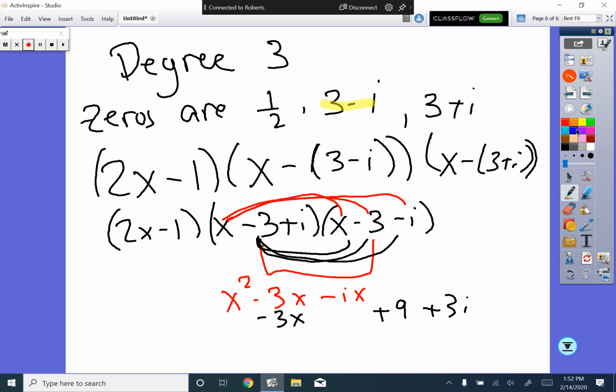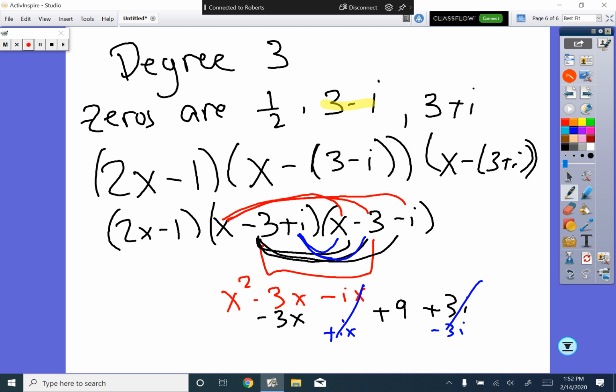Then I'm going to do i times x, which is plus ix. See how those guys cancel out? Okay. i times -3, -3i. See how those guys cancel out? That's why they're conjugates, is they will get rid of all the junk.